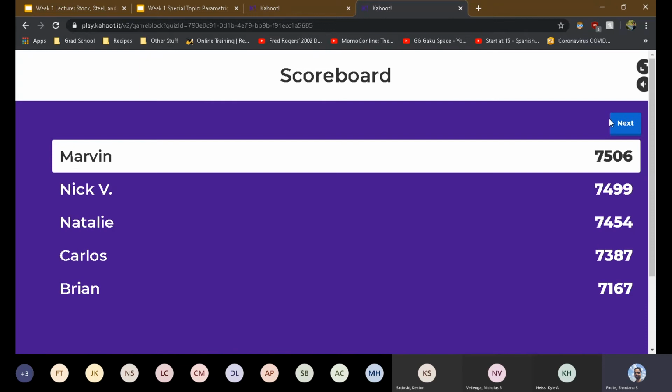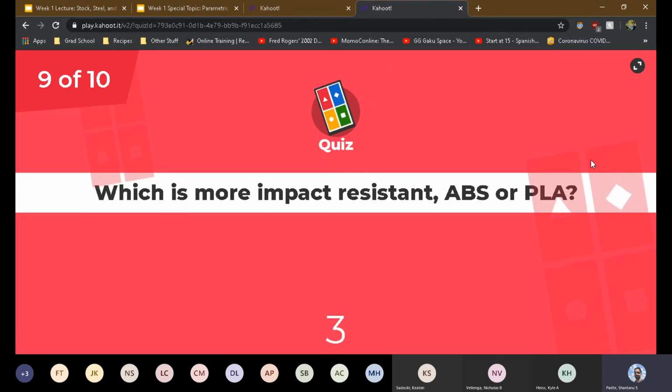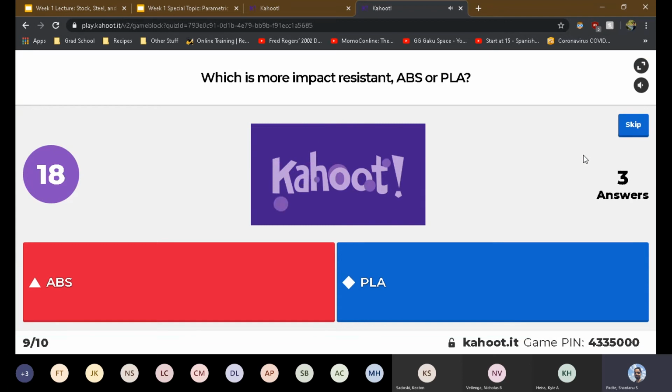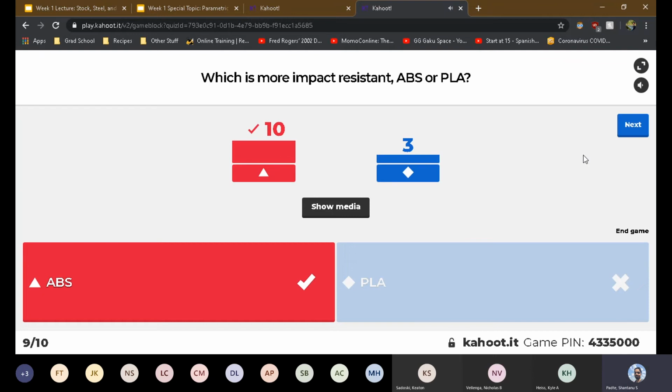And that's it, I guess. Oh, 2 more questions. What is more impact resistant, ABS or PLA? ABS is indeed more impact resistant.